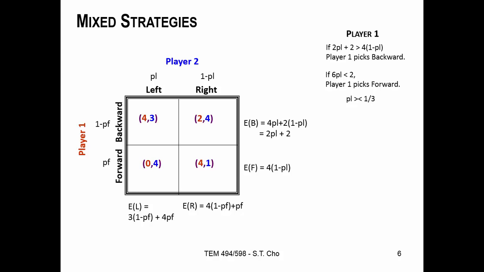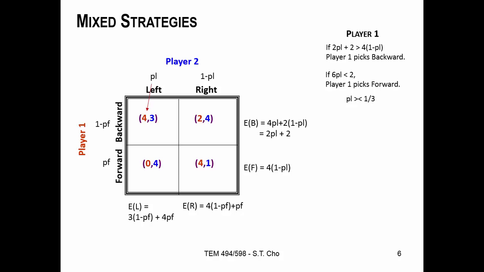In this case, here are the payoffs of a game that we talked about. Should I go forward or backward, based on him going left or right? So we're like hunting each other. In terms of player 2, he has a probability PL of going left, and 1 minus PL is him going right. Same thing with forwards and backwards.